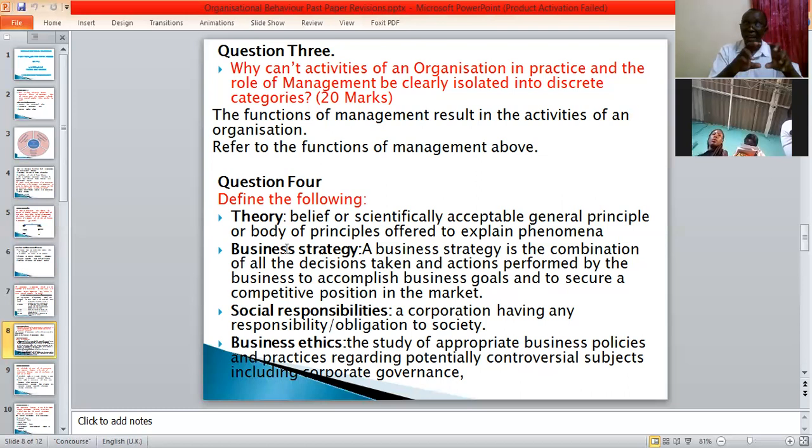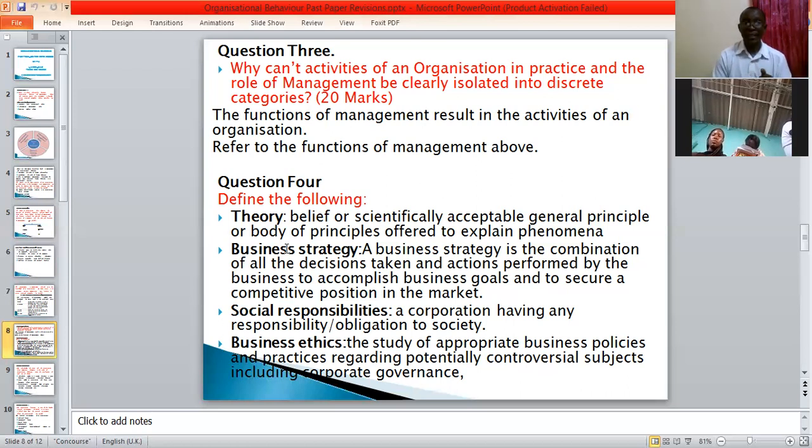This combination of various decisions and actions undertaken to achieve organizational goals is what is called business strategy. Are we together? So that's what business strategy is all about.